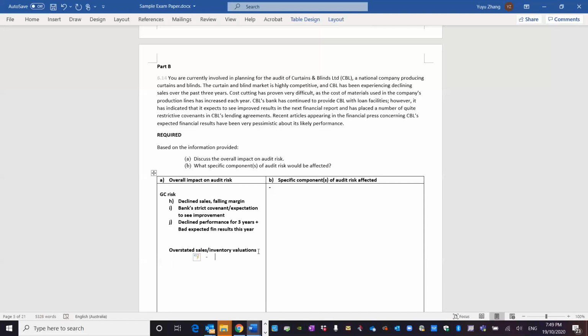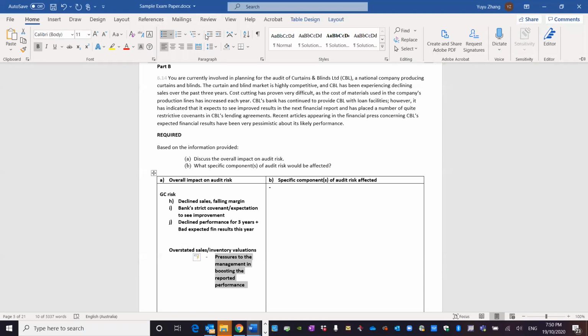So I guess you want to link actually to the pressure on the management in boosting the reported performance. So therefore they have the incentive to overstate the sales, overstate inventory valuation, etc. Is this what you want to say? Yes. Okay. Now you've got something here. So suppose you are able to put both of them in the answer. Okay, I think it's fine.